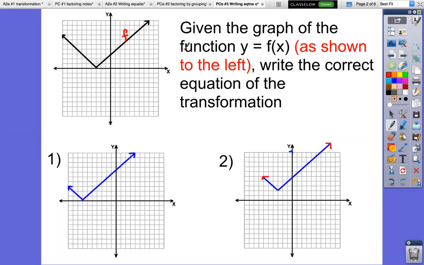So all I want you guys to do today is to look at this in generalities. If this is my original function, look at number one. How is this transformed or changed from the original function to this one right here? What's changed? How has it moved? Up, down, left, or right? Left. It's moved left. Has my a value changed at all?